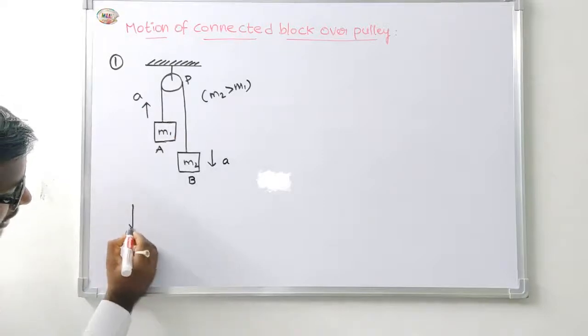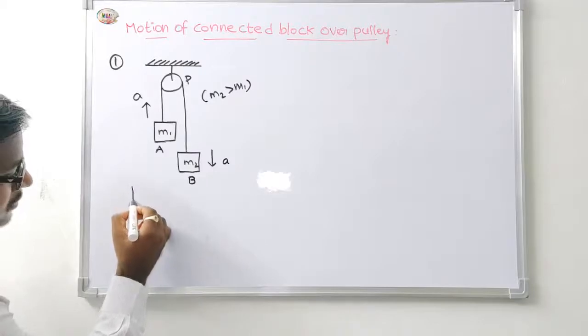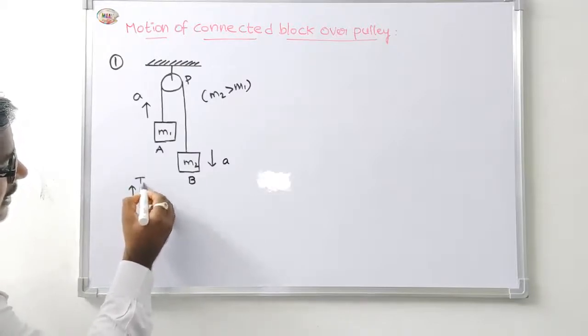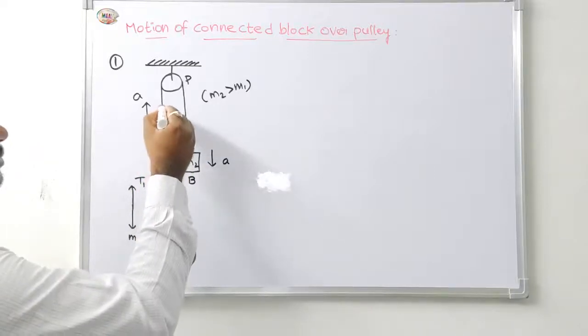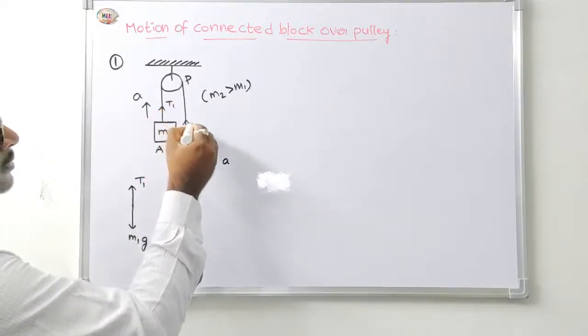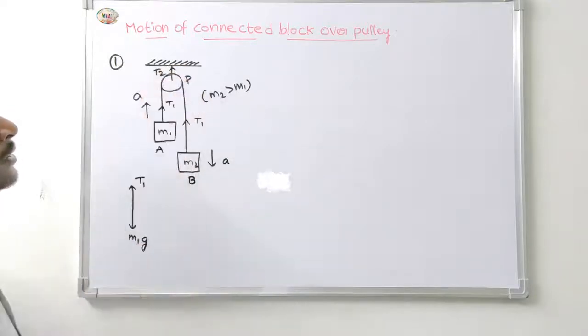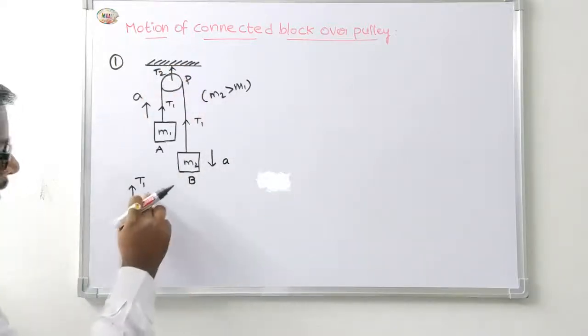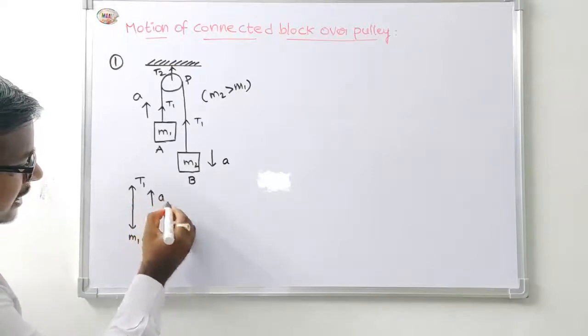First block M1: M1G, the tensional force T1, and this is T2. For T1, acceleration is acting upward.